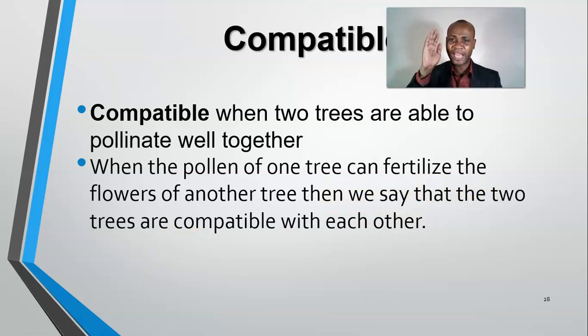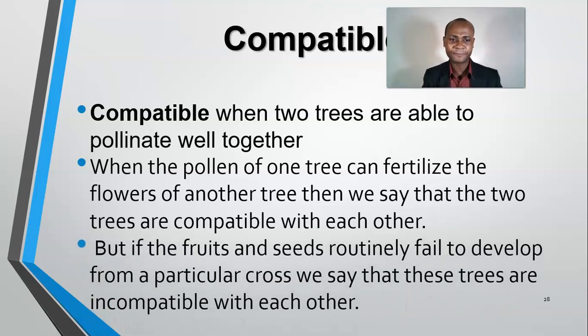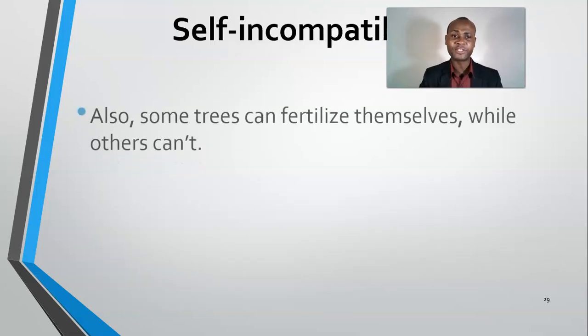So when tree A can fertilize tree B, then they are compatible. Or if the flowers can fertilize themselves on the same tree, then we say they are self-compatible. But if the fruits and the seed routinely fail to develop from a particular cross, we say that these trees are incompatible with each other.